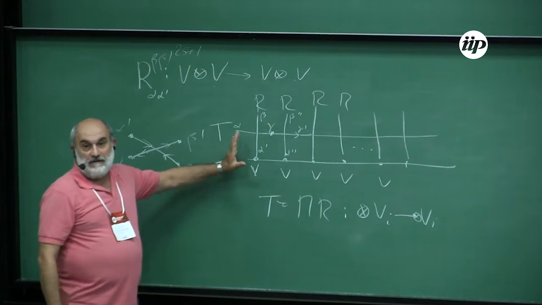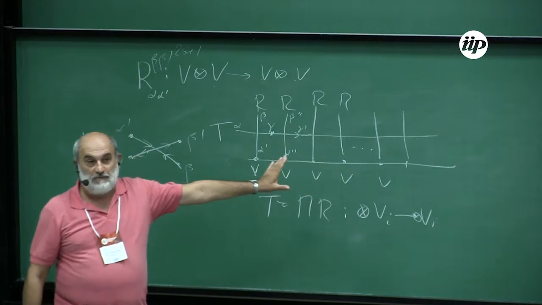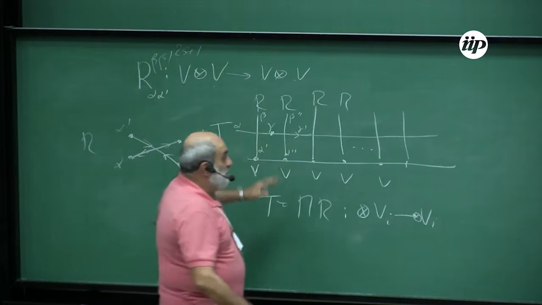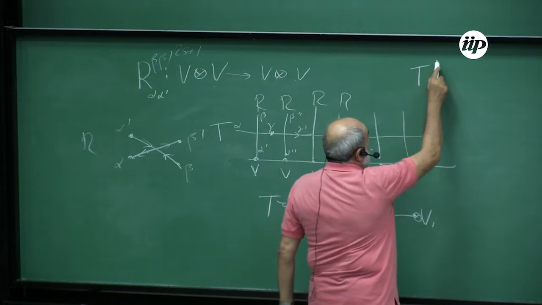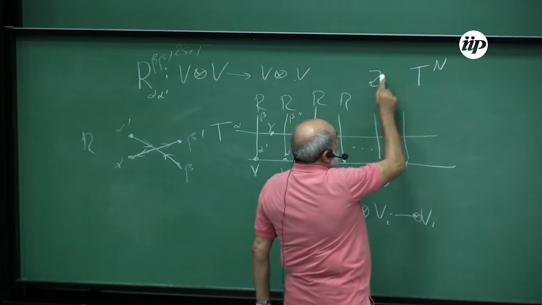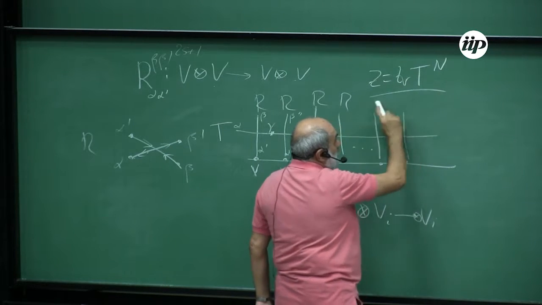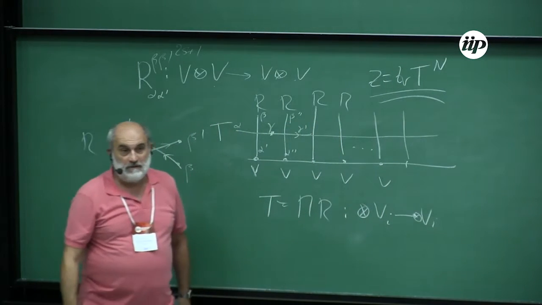This is a standard derivation of transfer matrices in the algebraic Bethe ansatz. And then taking the n-th order of T, and the trace after that, you get the partition function.